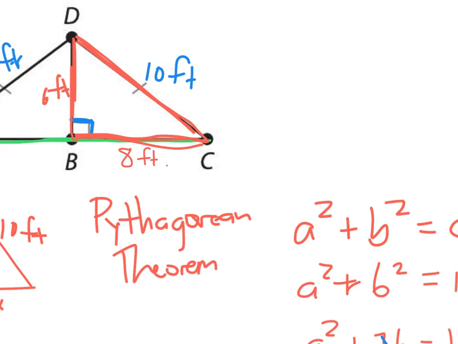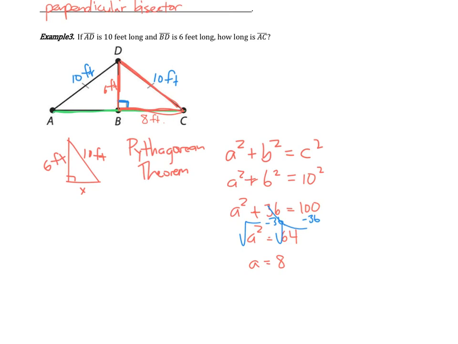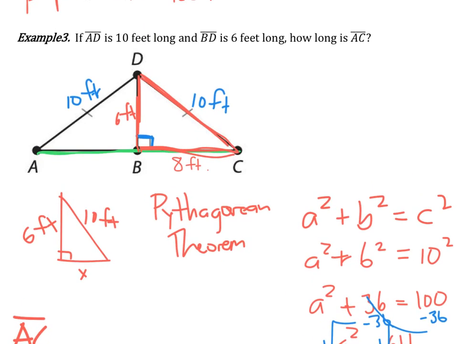Now, the tricky part is that 8 only represents this side right here, BC. The problem doesn't say find BC, it wants to know what AC is. Since this is a perpendicular bisector, because that is equidistant, we said if point D is equidistant from the endpoints C and A, then it must be on the perpendicular bisector, meaning that AB is the same as BC.